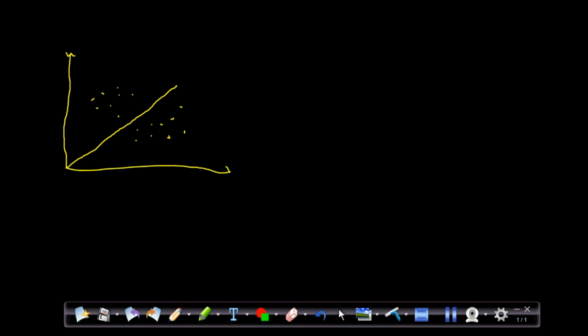So this is called our best fit line, and the equation of this linear regression is given by y is equal to mx plus c. So this is the equation of our linear regression, that is a straight line. You can also call it the equation of a straight line. Let me write it very neatly.